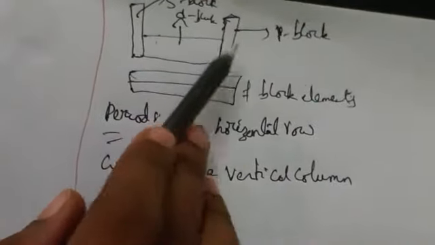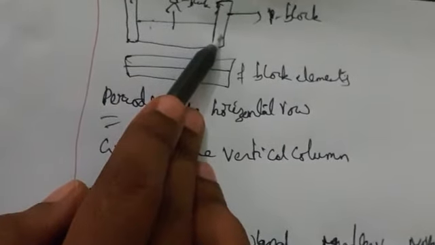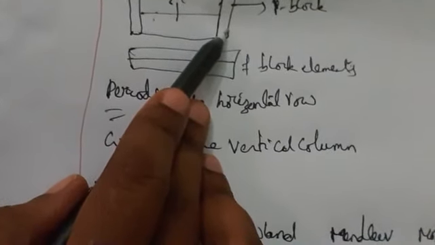Group 18 in the p block is the noble gases: helium, neon, argon, krypton, xenon. This is a general introduction to the periodic table.